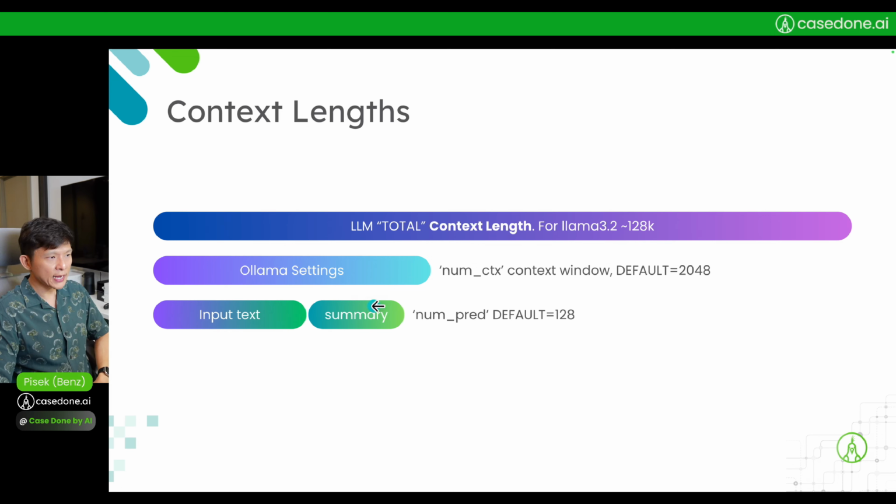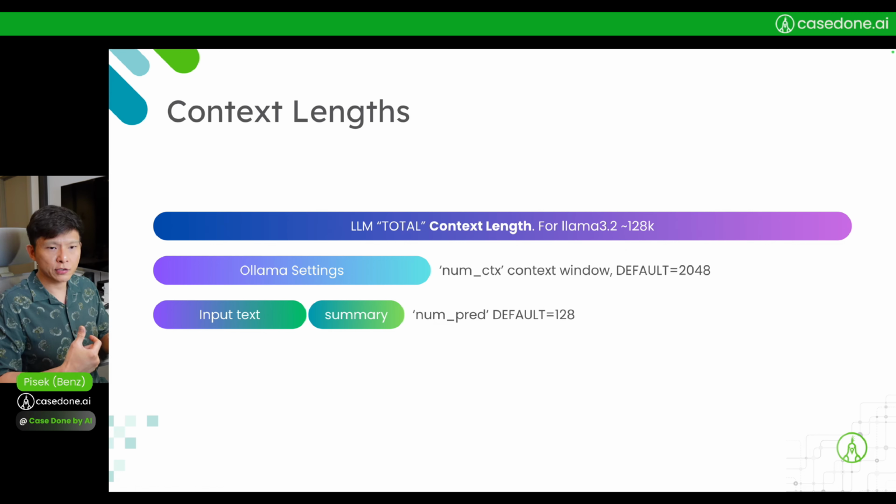If your input text is really long, then your summary would get squashed out too. So basically, these are all the token lengths that you need to think about. The first one, to recap, is the ultimate token length, limited by the model's intrinsic ability.